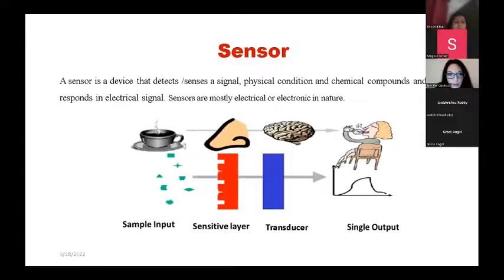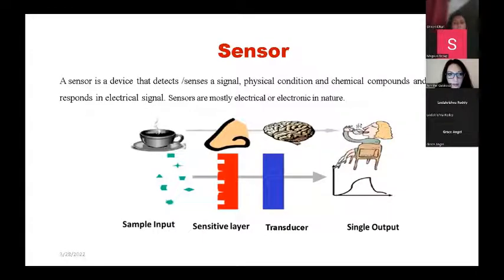First, when we talk about a sensor, a general example is when we have a cup of tea in our hand. Our nose senses the temperature and sends the signal to our mind, and the mind decides whether we take the tea or not.